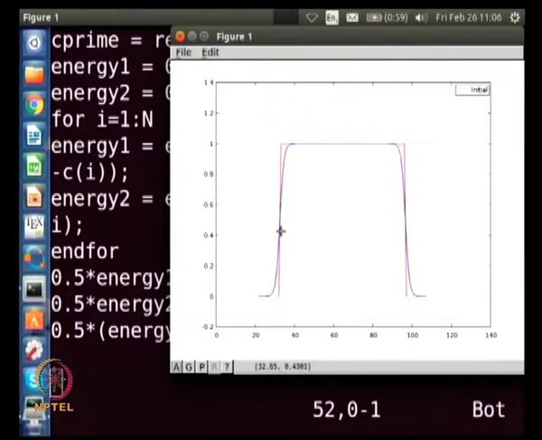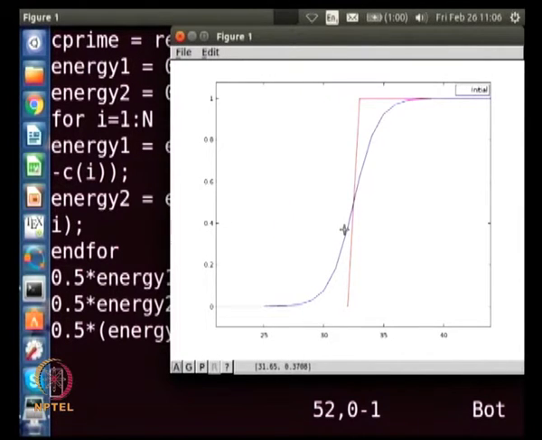Now, the solution for the Cahn-Hilliard equation analytically was obtained assuming that at x equal to 0 the composition profile is 0.5. So, if I want to superimpose the analytical solution on this curve, I need to know exactly where this is becoming 0.5.